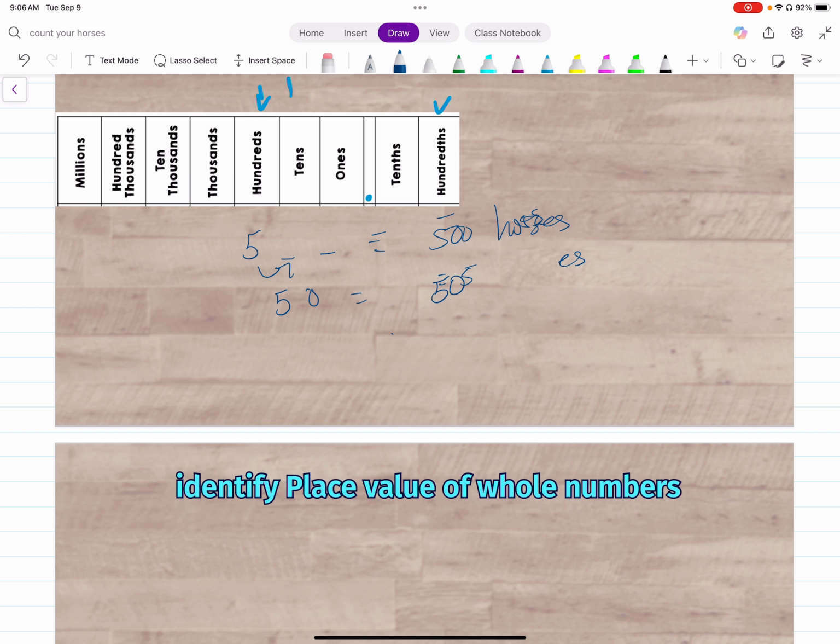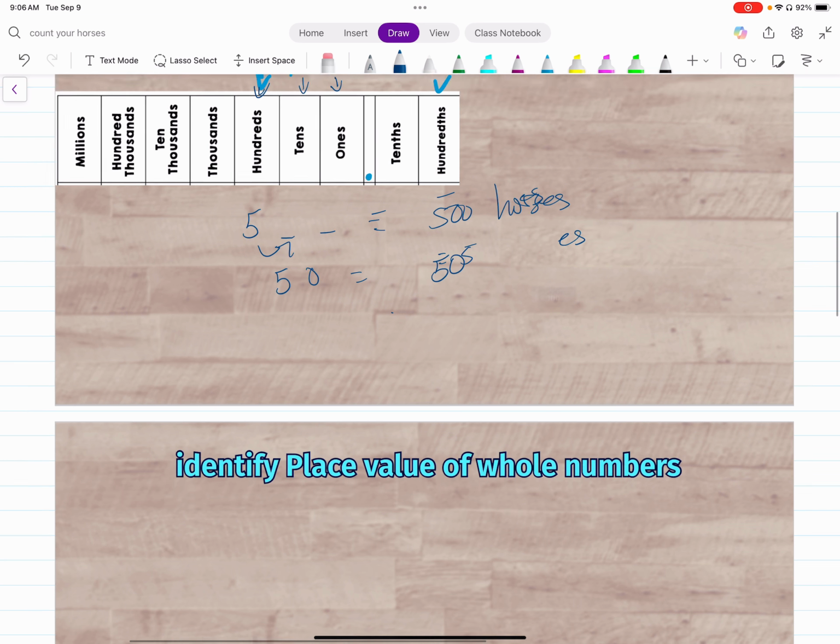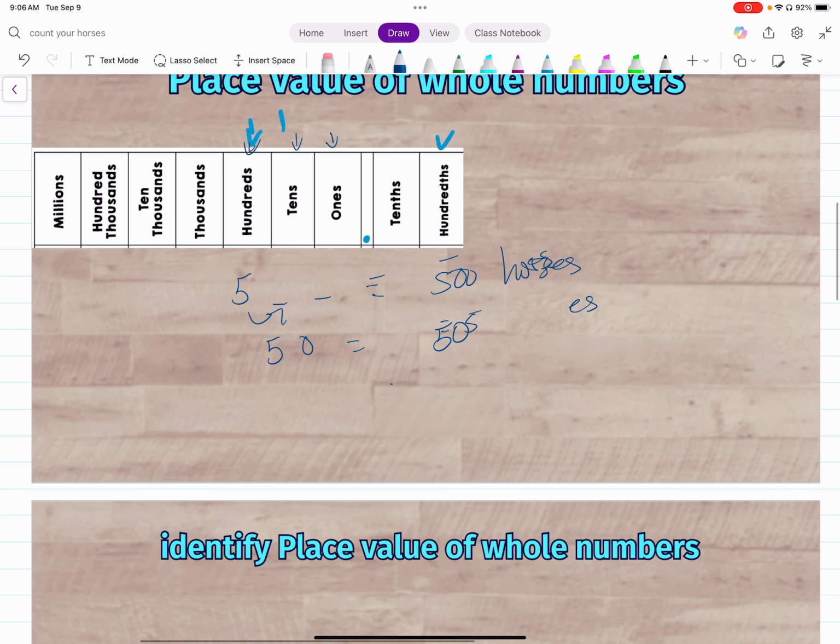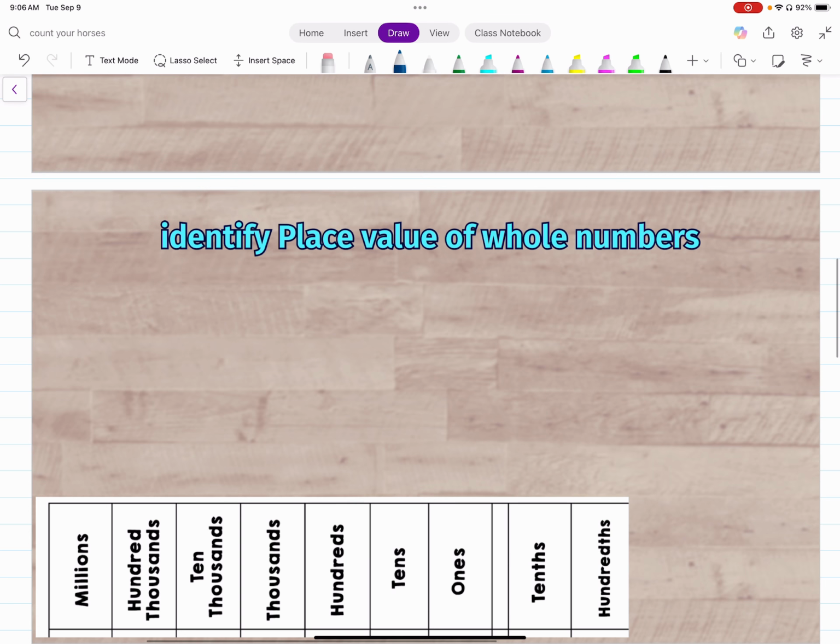You've got to know what each of these stalls mean. So when math problems ask you to think about whether the tens place value is bigger than the ones place value, well, yes, because it's to the left of the ones. But if it asks you if the ones place value is smaller than the tens place value, you'd be like, well, no, it's not smaller than that.